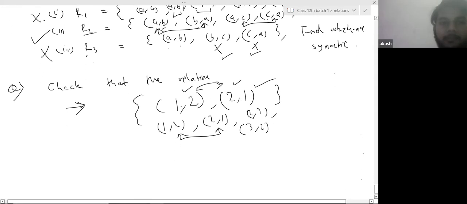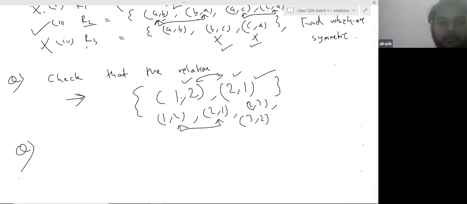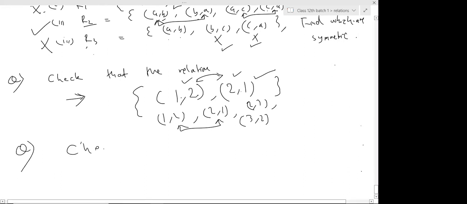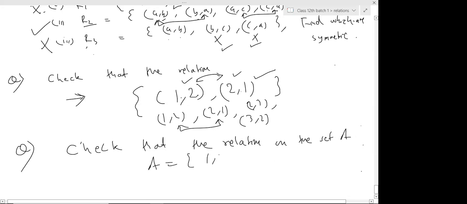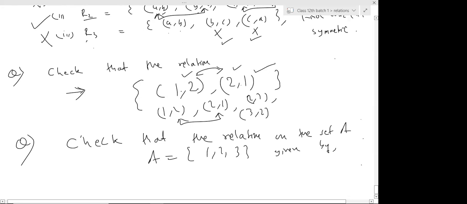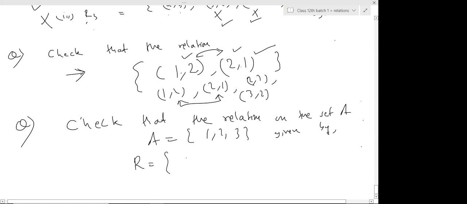Let's try another question. Check that the relation on the set A equals to {1, 2, 3} given by R equals to {(1,1), (2,2), (3,3), (1,2), (2,3)} is symmetric or not.